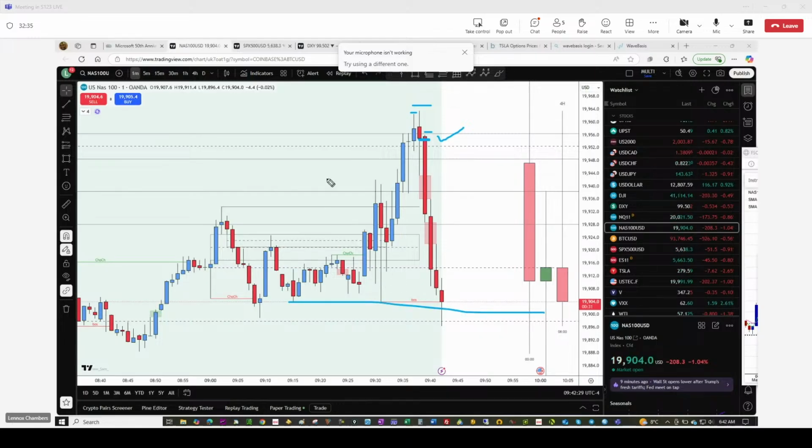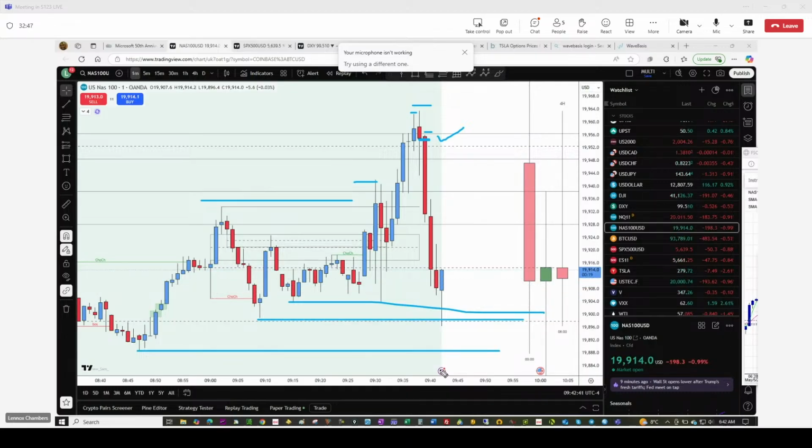They've taken everybody out up above first, and now they come down because that's the direction they wanted to go, to come down and take everybody out down below. Because they've swept everybody now, we could get a retrace again, another opportunity to get in, perhaps to continue going back down.